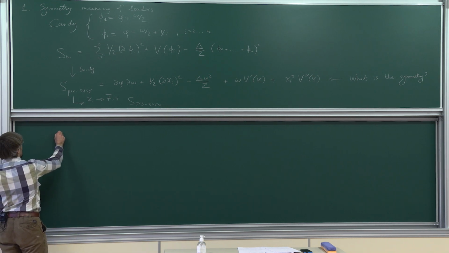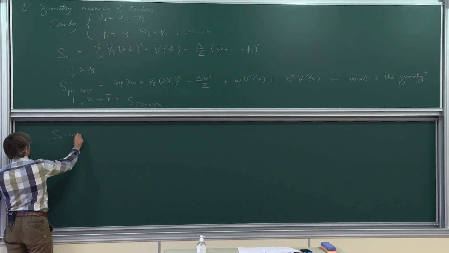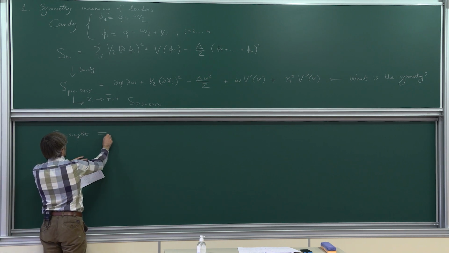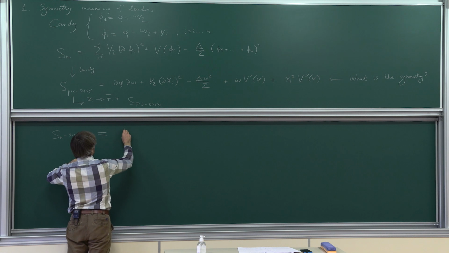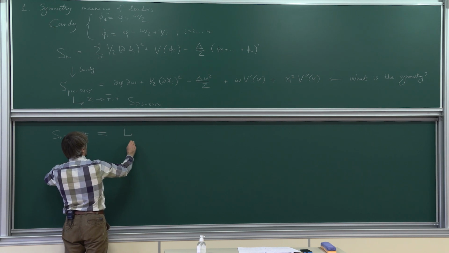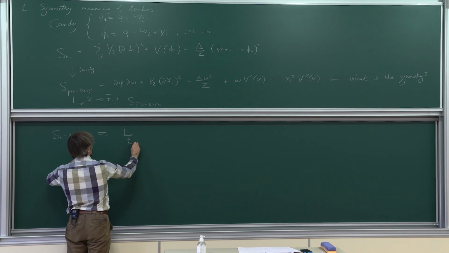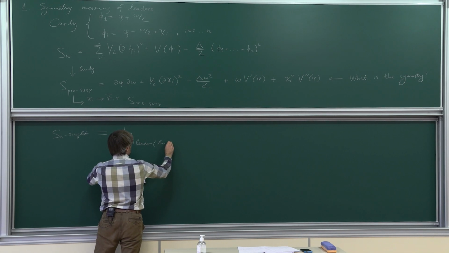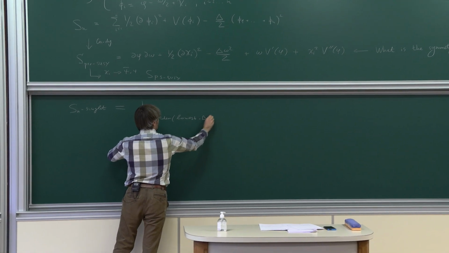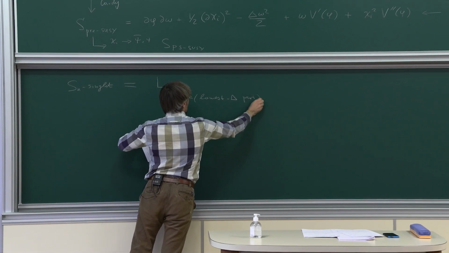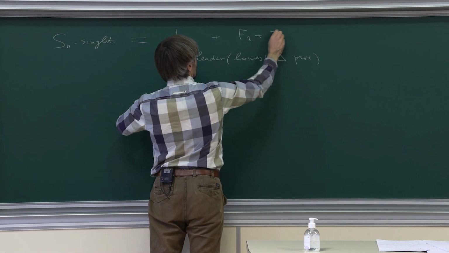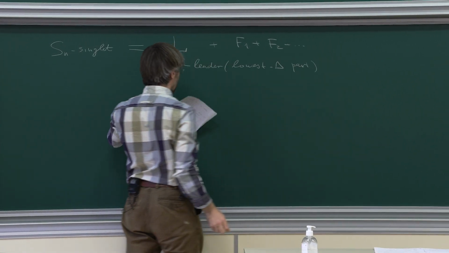Recall that last time we said that any Sn singlet interaction, after mapping to the Cardy variables, can be written as a leader, which is the lowest dimension part, plus followers, F1 plus F2 plus dot dot dot.